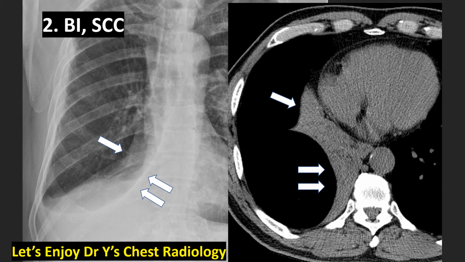A single arrow indicates the lateral border of the minor fissure, the upper lateral margin of the completely collapsed right middle lobe, and 2 arrows indicate the concave, completely collapsed right lower lobe major fissure. Squamous cell carcinoma involving the right bronchus intermedius showing combined collapse of the right middle lobe and right lower lobe.